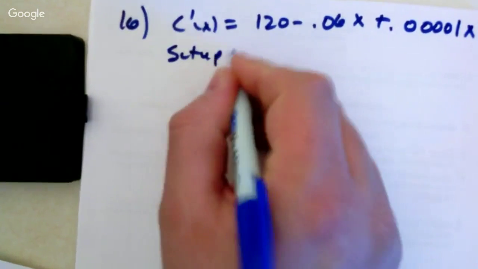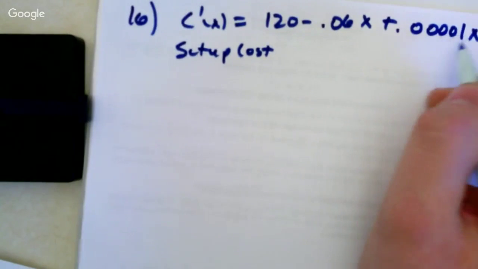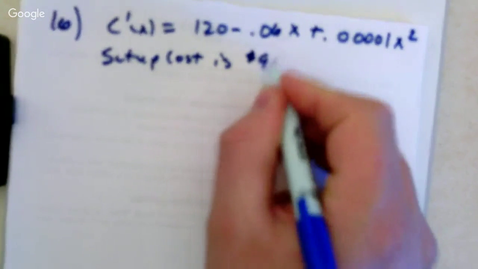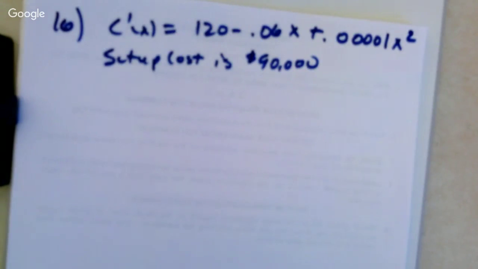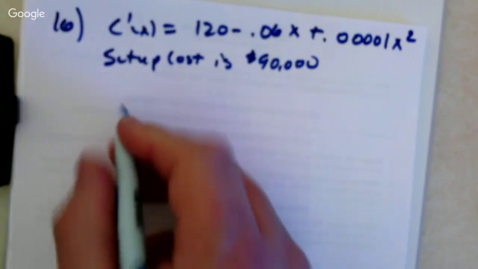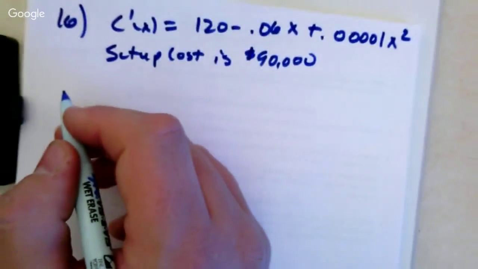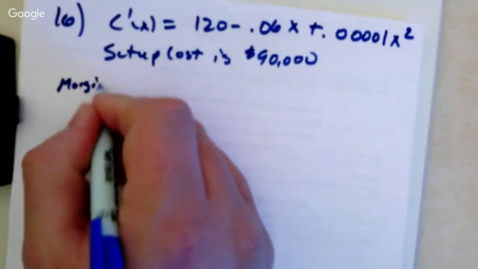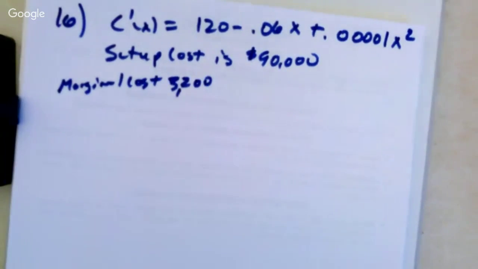It's 0.00001 x squared. Okay, so the setup cost is $90,000. If production is set at 3,000 units, what's the cost of producing an additional 200? So first they want to know the cost of producing 3,000 units if the setup cost is 90,000, and part 2, marginal cost for 3,200.